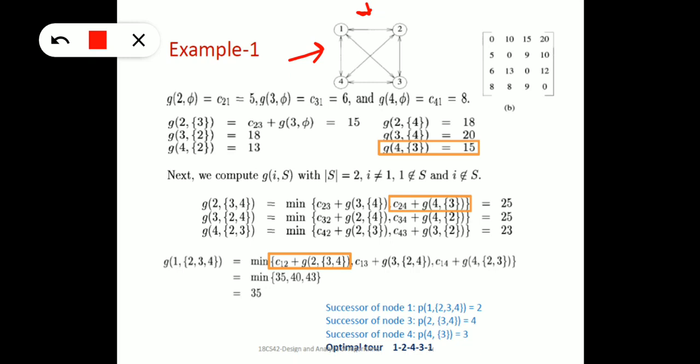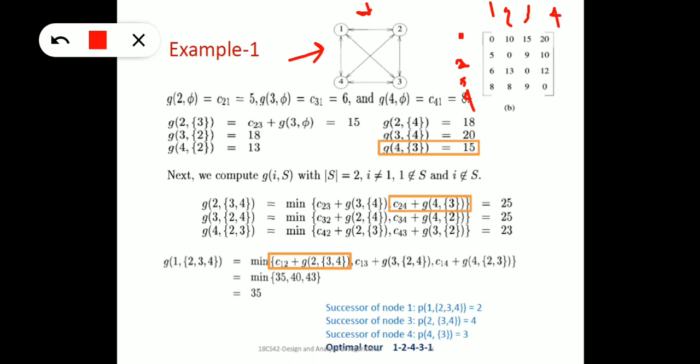So this matrix gives us the cost of the edges. I number the rows as 1, 2, 3, 4, and the columns are also numbered as 1, 2, 3 and 4.